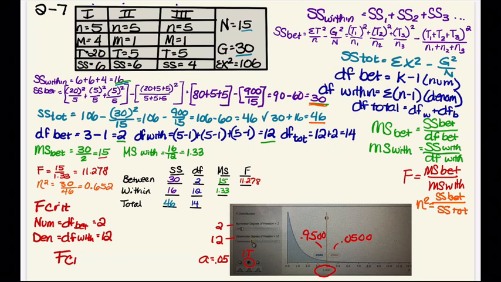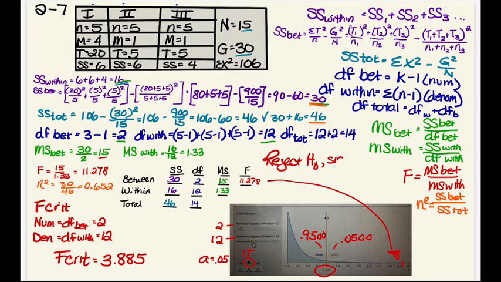When we move our slider to the appropriate place, we see we have a critical F of 3.885. We can see that our F value is in the far tail in this diagram, so we will reject the null and conclude that the treatment conditions significantly affected the result.